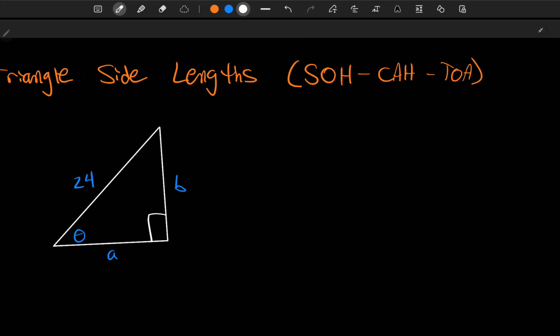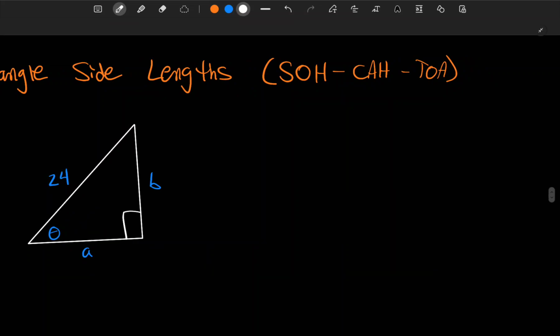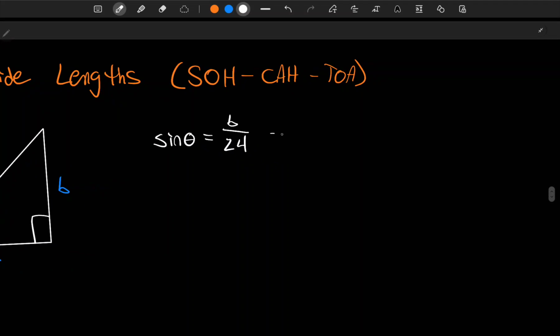Well, SOHCAHTOA says that the sine of theta is equal to the opposite side, so B here, the side opposite of the angle, divided by the hypotenuse, which is 24. So that implies that B is equal to 24 times the sine of theta.